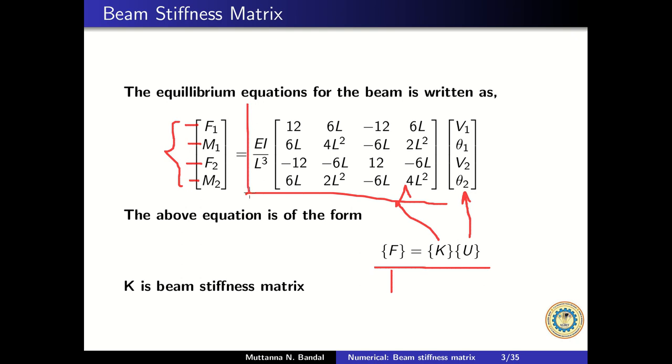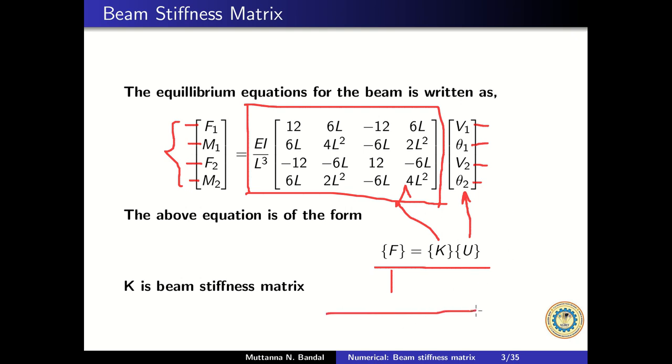In the stiffness matrix, E, I and L will be the given conditions for a beam, and based on those we will calculate a stiffness matrix which gives the stiffness behavior of the structure. In the displacement vector, v1 is the vertical displacement at node 1, theta 1 is the angular displacement at node 1, v2 is the vertical displacement at node 2, and theta 2 is the angular displacement at node 2.